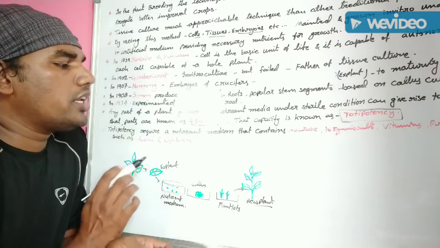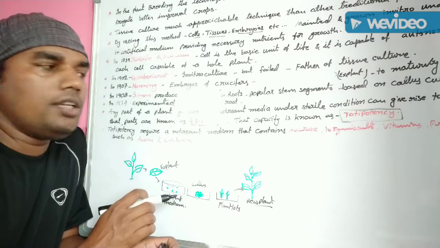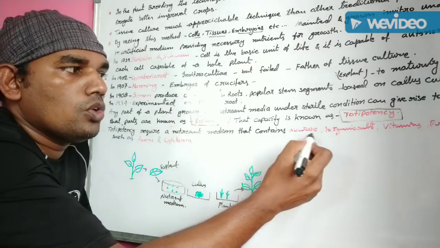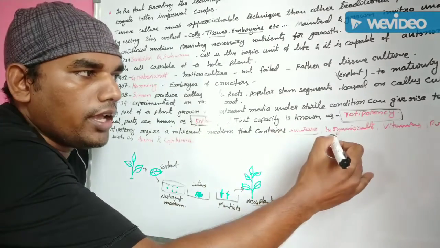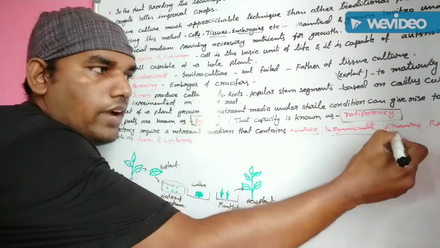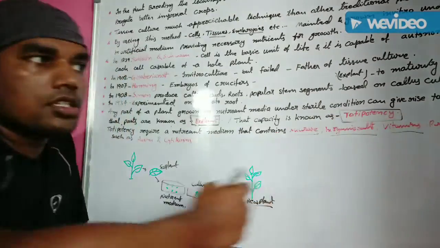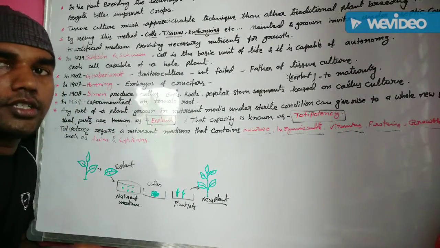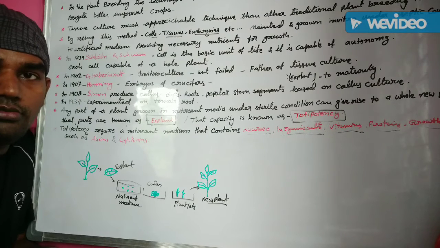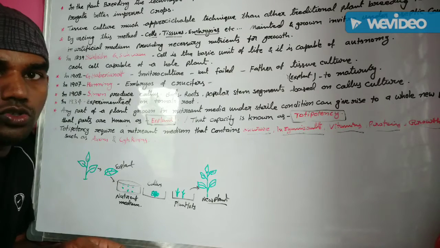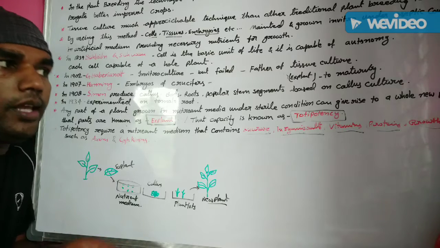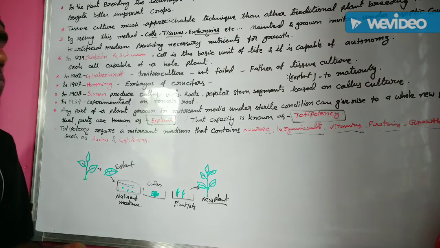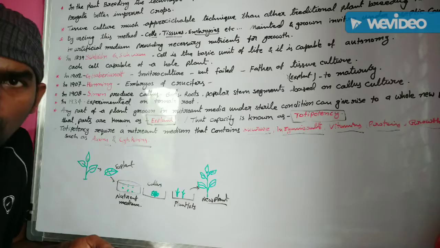This totipotency requires nutrient medium. This nutrient medium contains sucrose, inorganic salts, vitamins, proteins, and also growth regulators. Growth regulators means auxins and cytokinins.